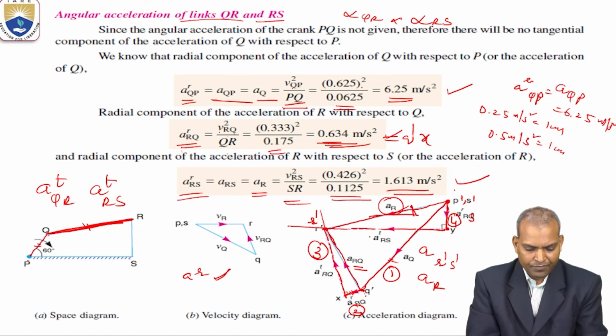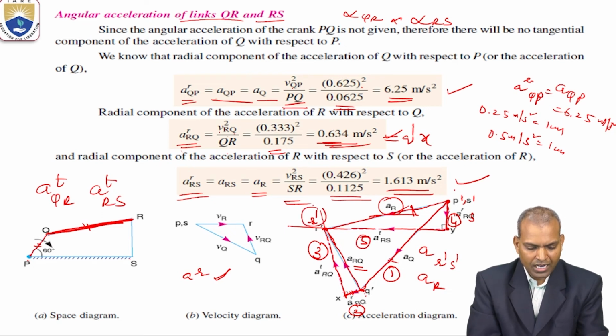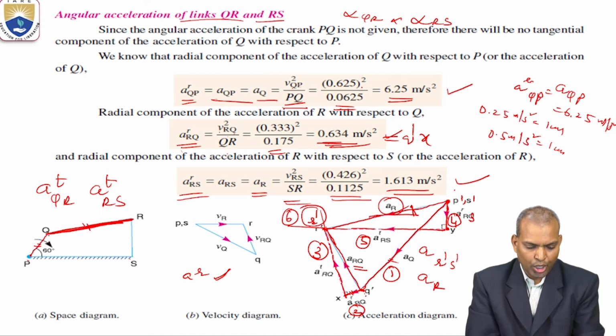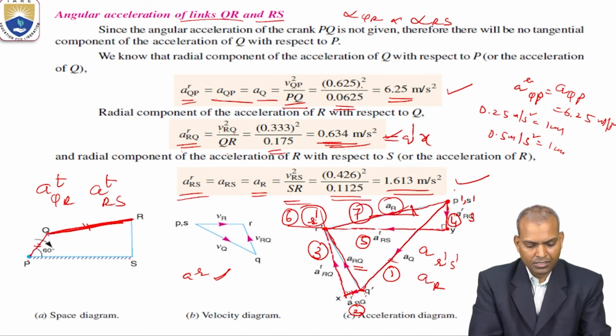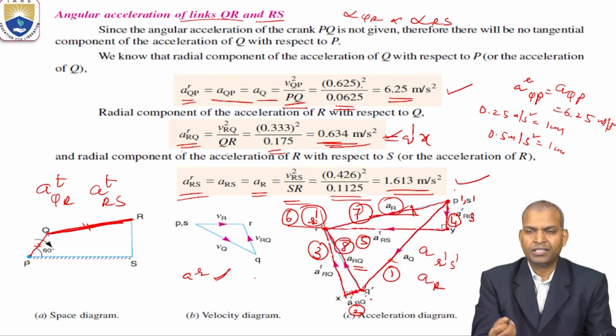Step number 5, ATRS. Step number 6, this R dash marking. Step number 7, join R dash to S dash. Step number 8, R dash to Q dash. Then after that you measure, then you can know the required values.